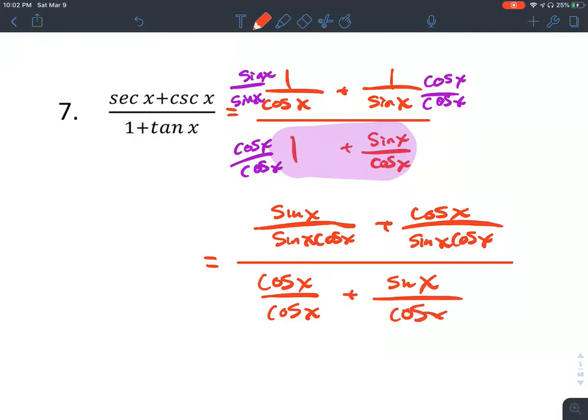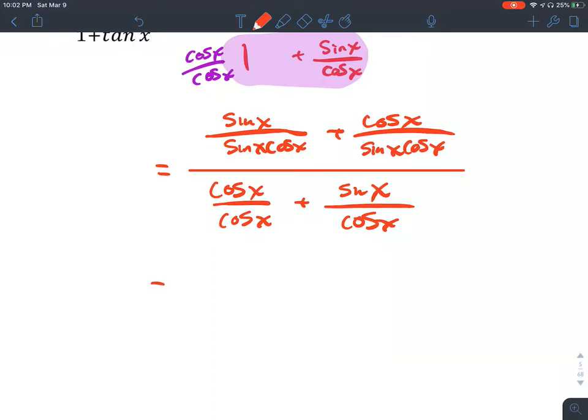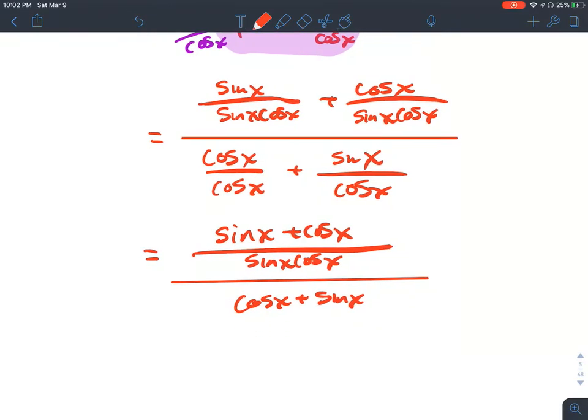Once you have common denominators, you add or subtract the tops, the numerators. So my numerator's numerator, that's a mouthful, we get sine of x plus cosine of x over sine of x cosine of x. The denominator is cosine of x plus sine of x over cosine of x.